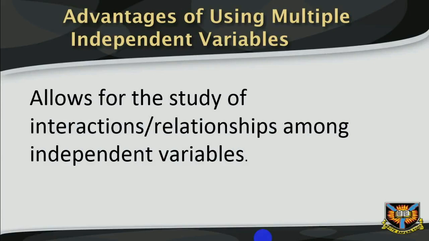Remember, an interaction between two variables indicates that the effects produced by one independent variable (performance feedback) are not the same at each level of the second independent variable (effective versus ineffective work behavior). This is exactly what was found.